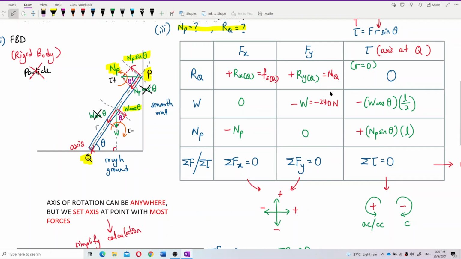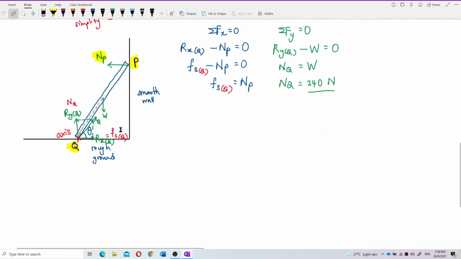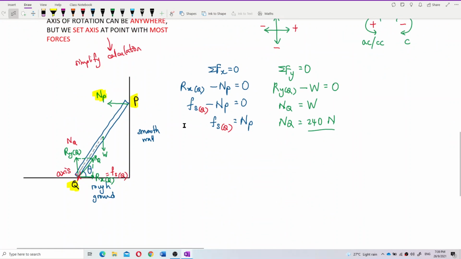So this Rxq is actually friction on Q. So we got another relationship here.